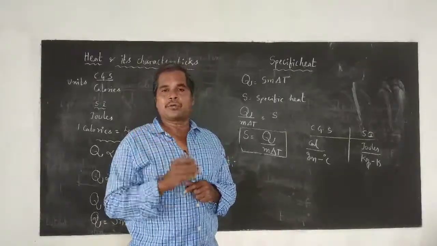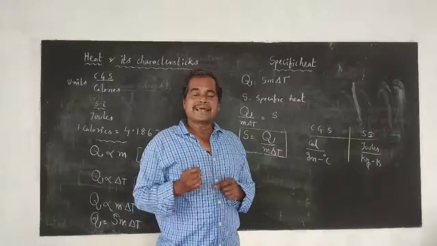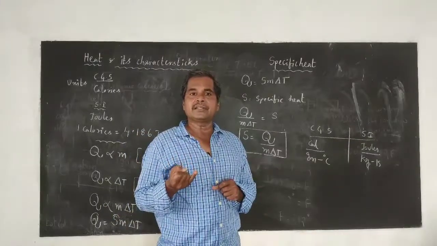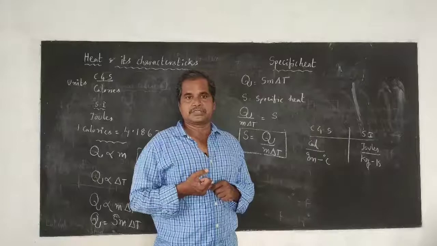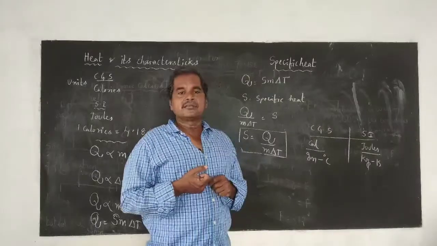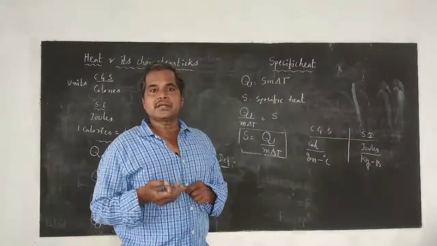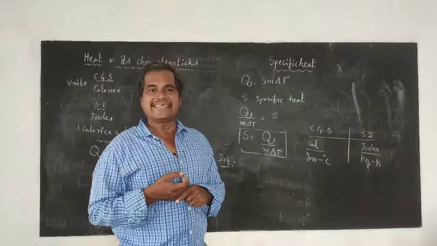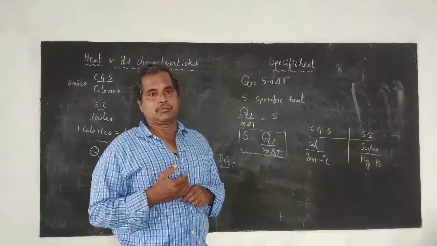Once again, if any substance has high specific heat value, then that substance has one particular property. What is that? The rate of increasing the temperature of that substance as well as the rate of decreasing its temperature is very slow.